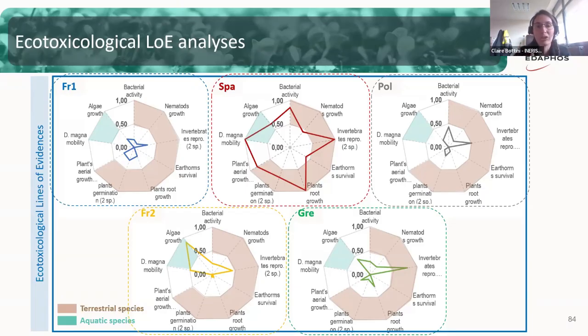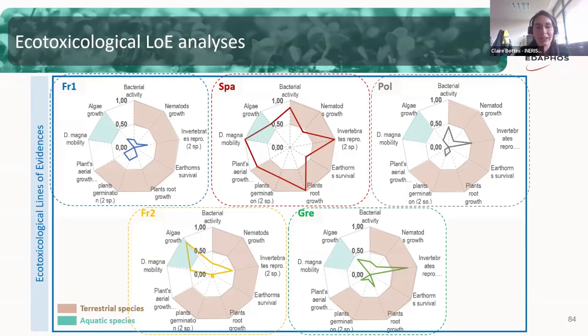For terrestrial species, there is bacteria activity, nematode growth, invertebrate reproduction, and plant growth and germination. So yes, the site in Spain raised alerts for all of them, while some other sites, like the French one in blue and the Poland site in gray, do not raise this alert. It's more like everything is, let's say, acceptable.